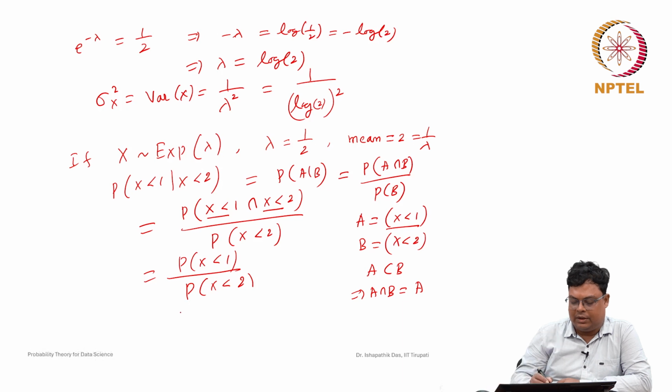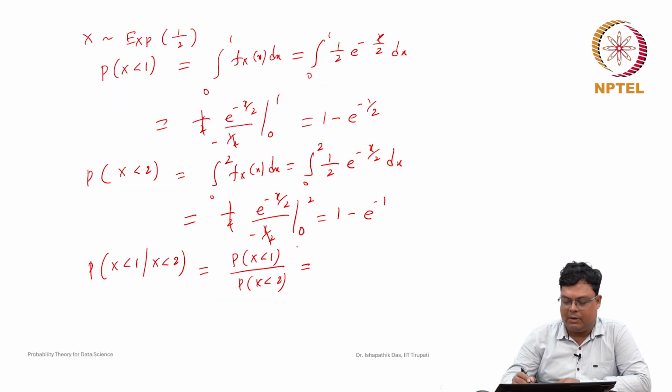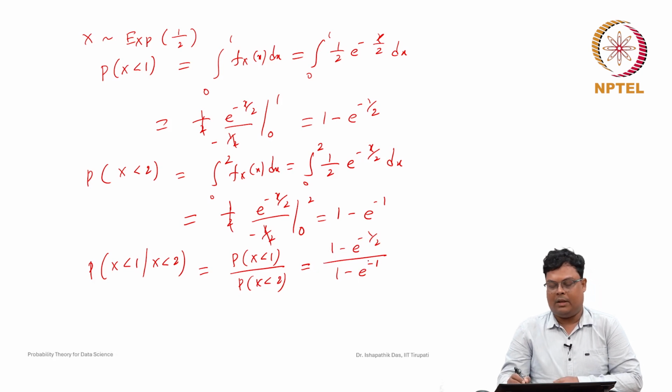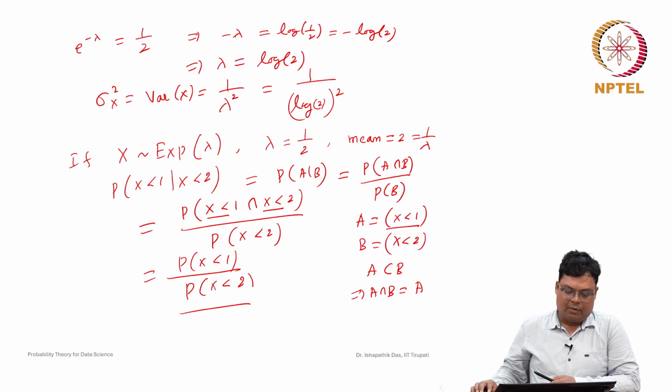Replacing the respective probabilities, this is 1 minus e to the power of minus 1 by 2, divided by 1 minus e to the power of minus 1. Then you can put in the value of e and simplify, and find an approximate value of this fraction. So, this is another problem we discussed.